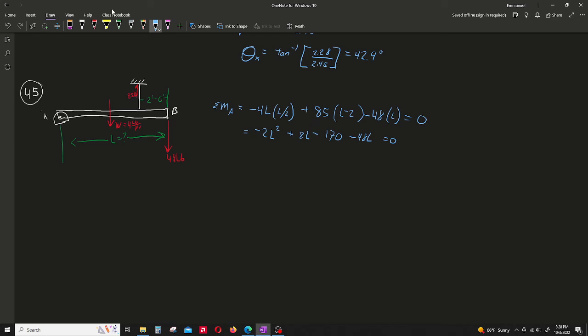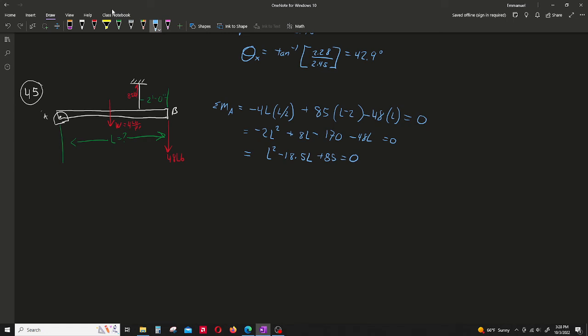From there, we want to simplify a little more. We combine like terms, 48 and 85, and then divide everything by 2 so we get L squared minus 18.5L plus 85. All we did was combine like terms and divide everything by 2.